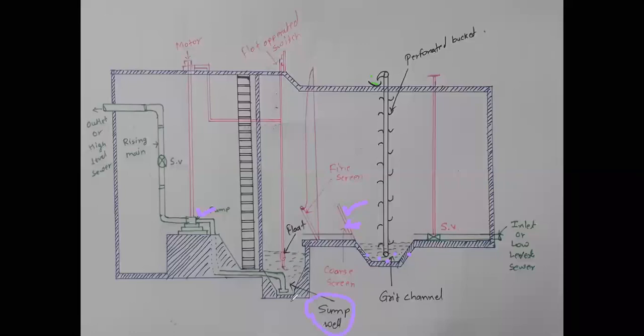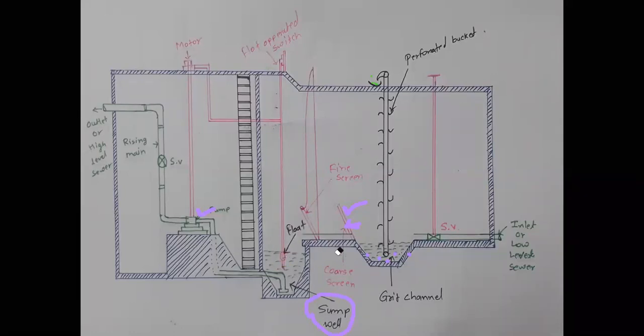Now, how does the sump well work? Here it is a wet well, or we can say a sump well. In that sump well, there is a float operated switch. So this is a float. Here you can see a little larger size shown to you.